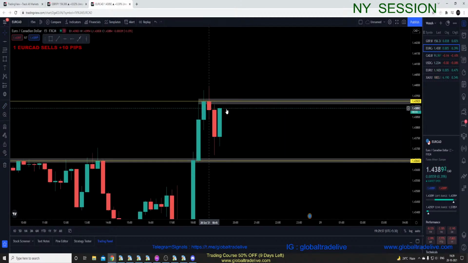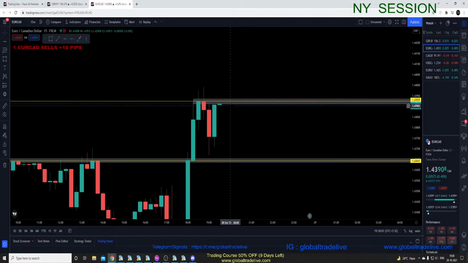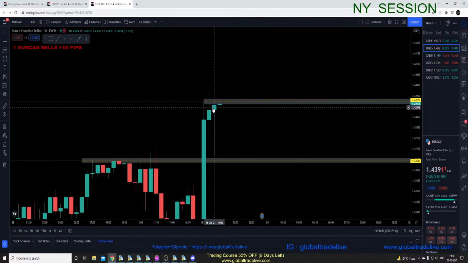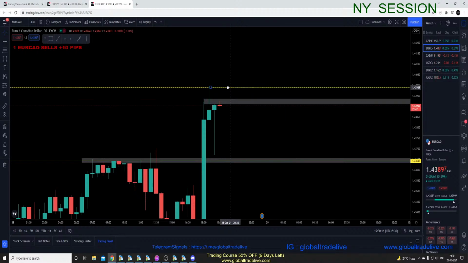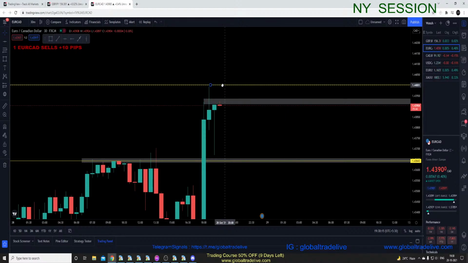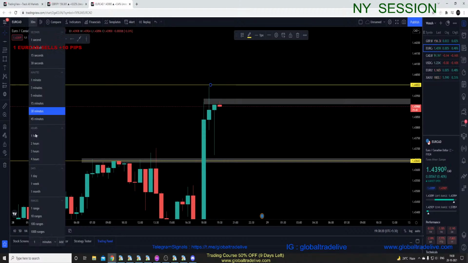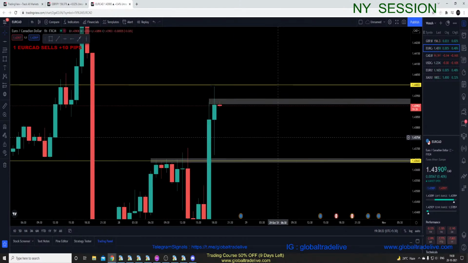15 minutes. The 30-minute candle just closed with no wick. And it closed bullish. One hour candle closed like this.